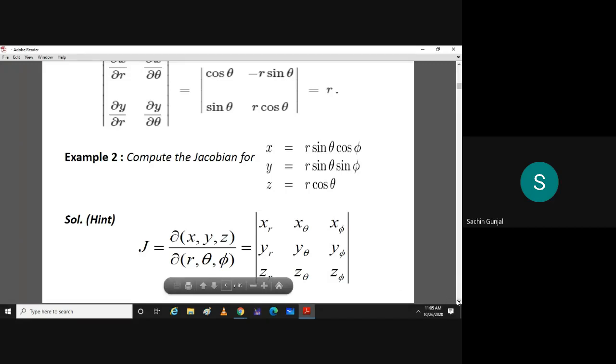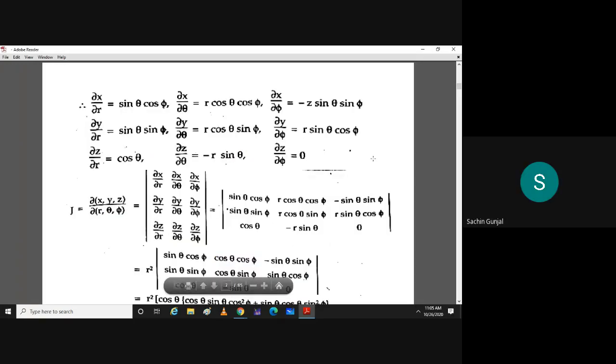Copied this slide? So write down these partial derivatives first.